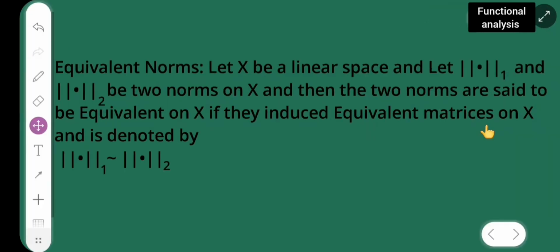So let me see the statement of equivalent norms first. Now, what are equivalent norms? Let X be a linear space.